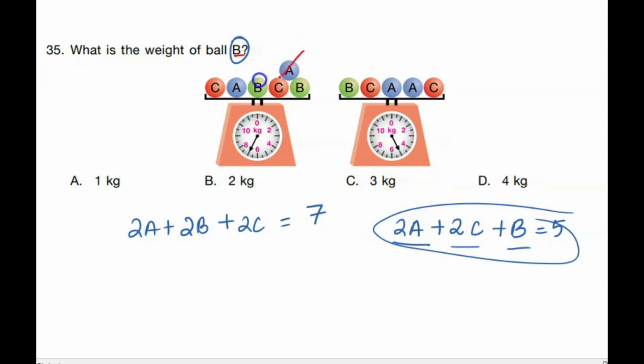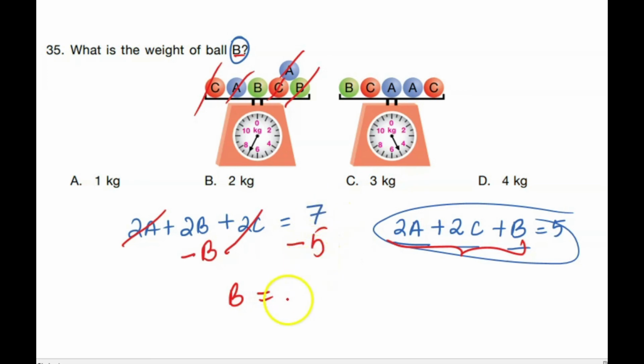If we remove 2 balls of A, 2 balls of C and 1 ball of B, we will be subtracting 5 from here. Only 1 ball B will be left.